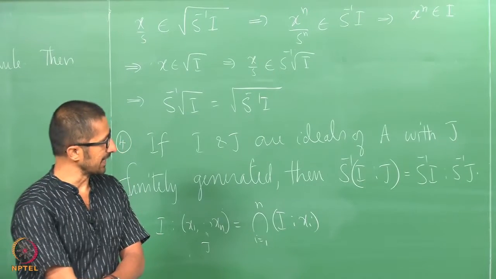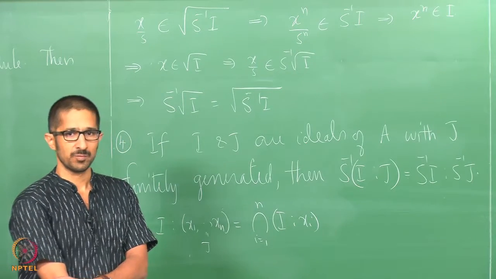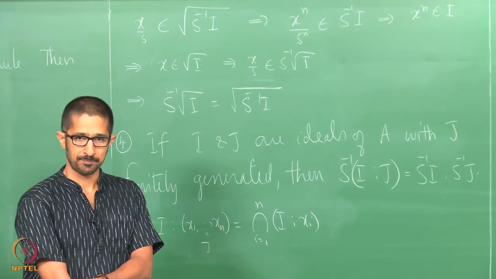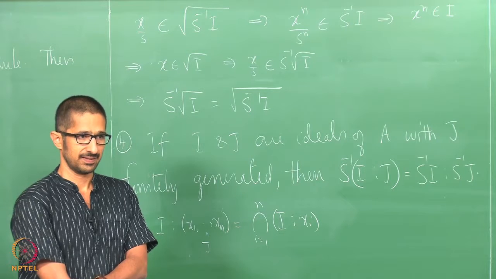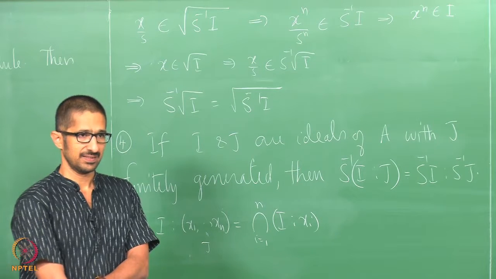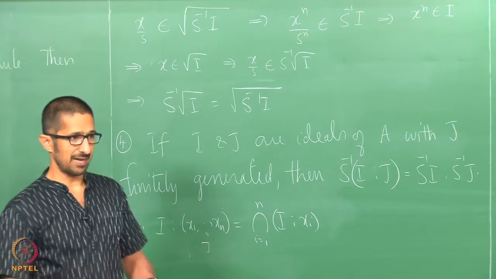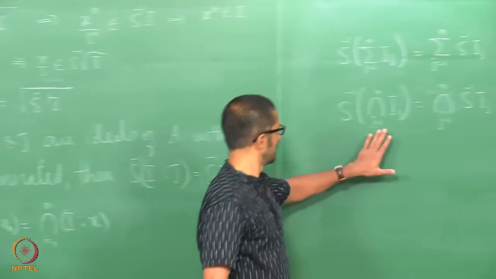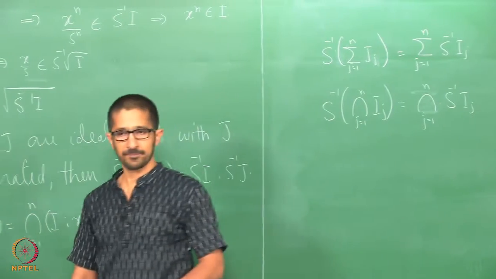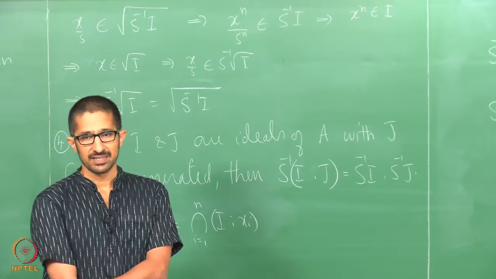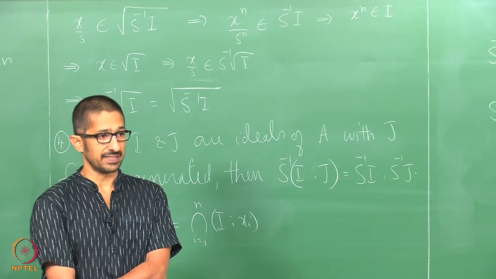Where does it fail if you take it to infinite sets? Can you think of some example where this is not true if I take infinite sets?